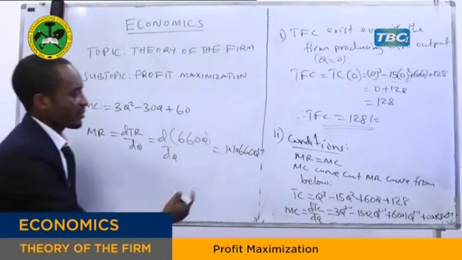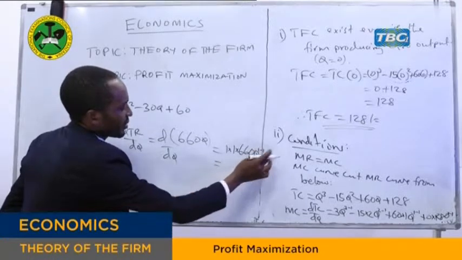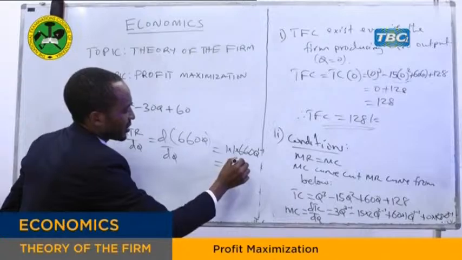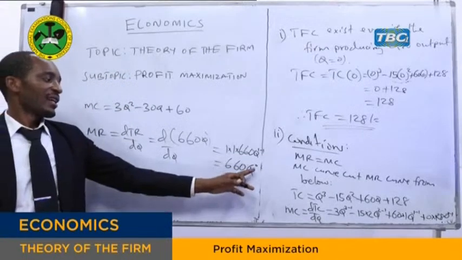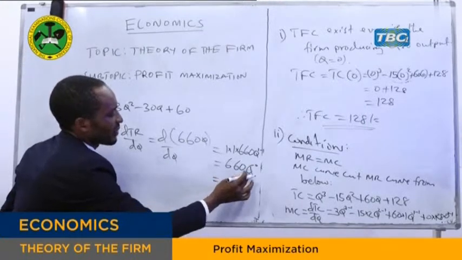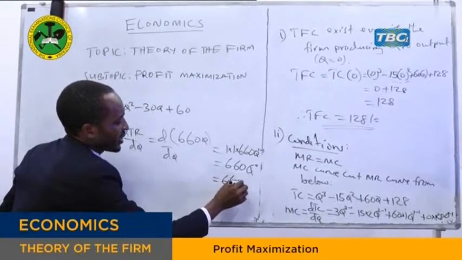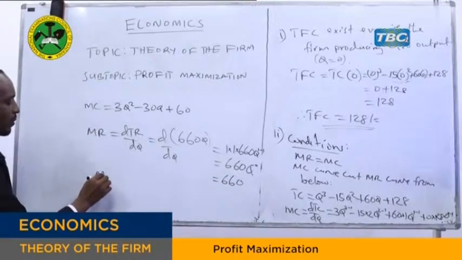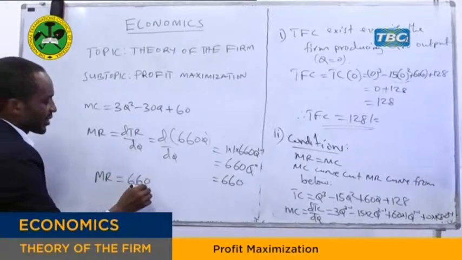Any number to the power 0 is equal to 1. So 1 times 660 will be 660. So the marginal revenue will be 660.